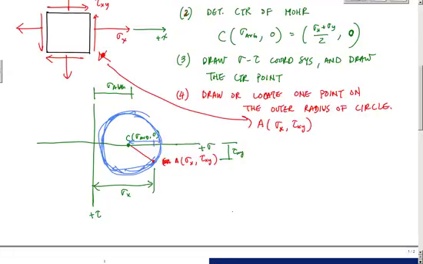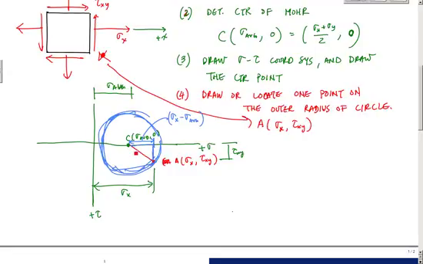That distance right there is sigma x minus sigma average. And this vertical distance right here is tau xy. And I essentially have a triangle.